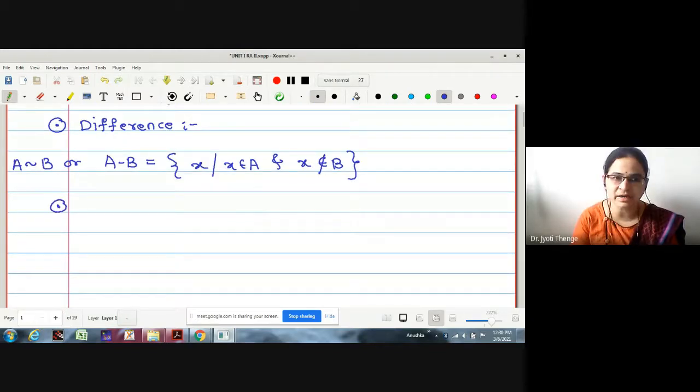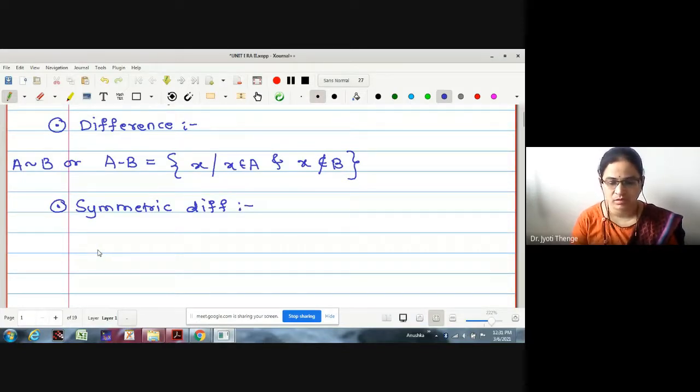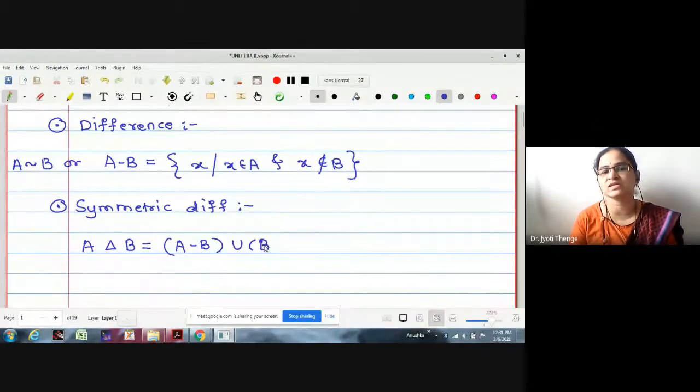Next is the symmetric difference. Does anyone know what a symmetric difference is? It is denoted with this triangle-shaped symbol: A symmetric difference B. This is defined as A minus B union B minus A. First we take the elements in A which are not in B, then the elements in B which are not in A, and then we take the union.